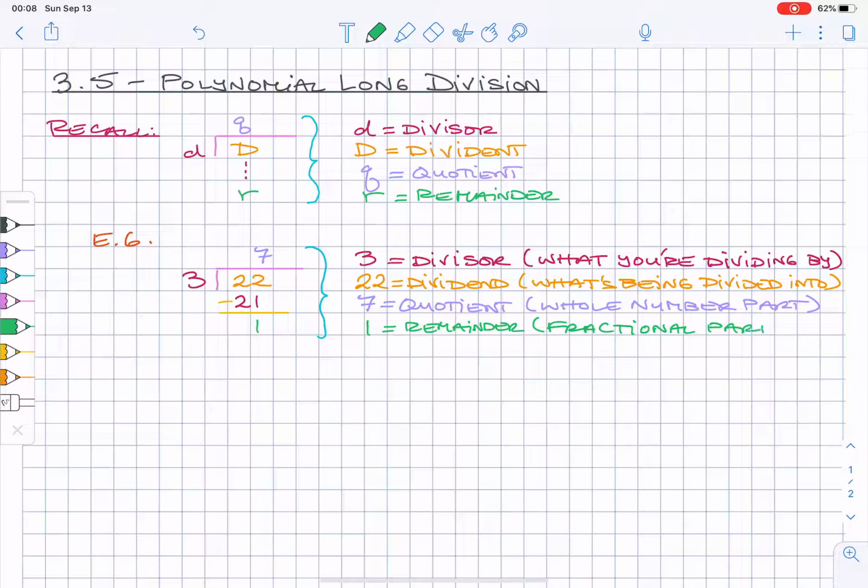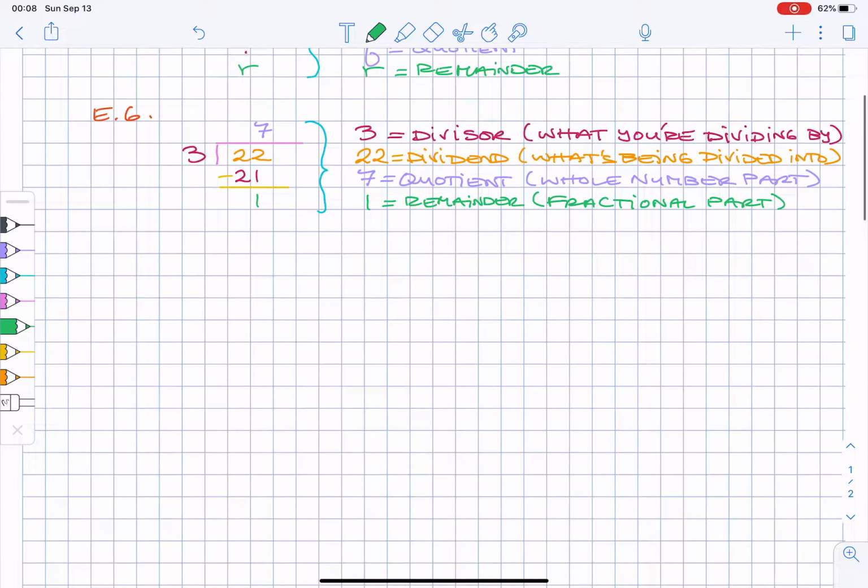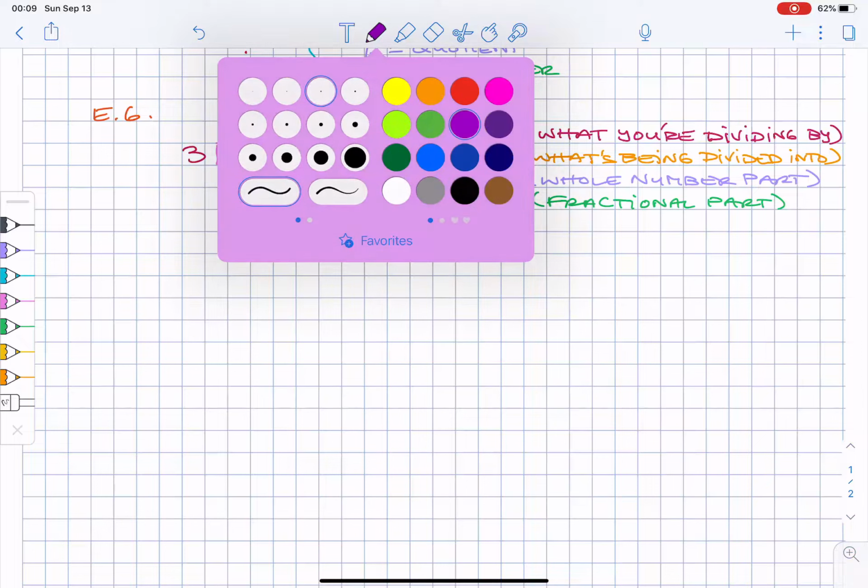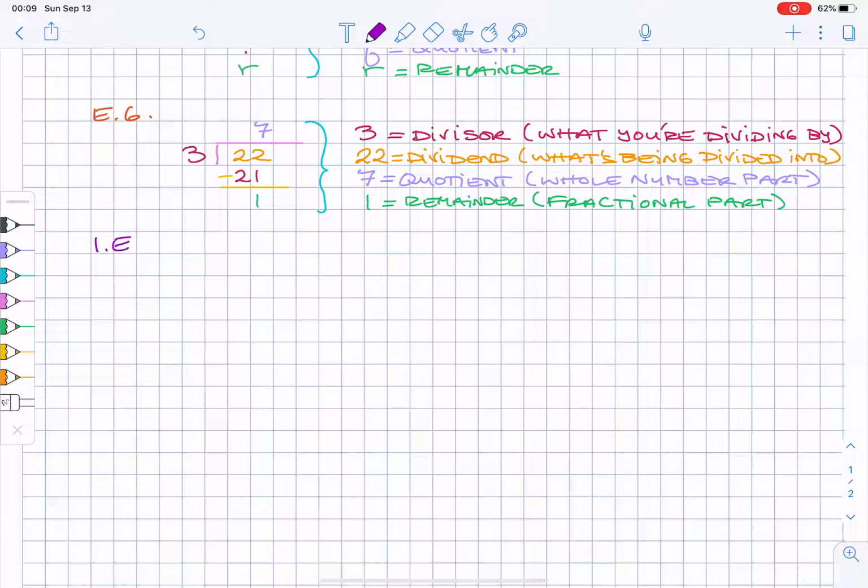So let's consider what I mean by these whole number and fractional parts. That is, id est, i.e. If I had 22 divided by 3, so 3 is what I'm dividing by, 22 is what I'm dividing into, that's going to be equal to a whole of 7 plus a remainder of 1 over my divisor, which is 3.